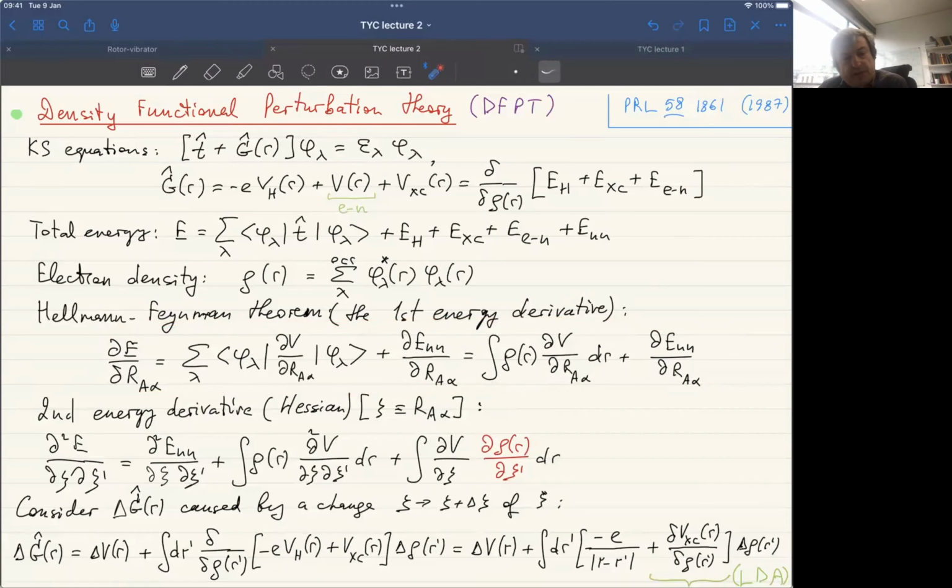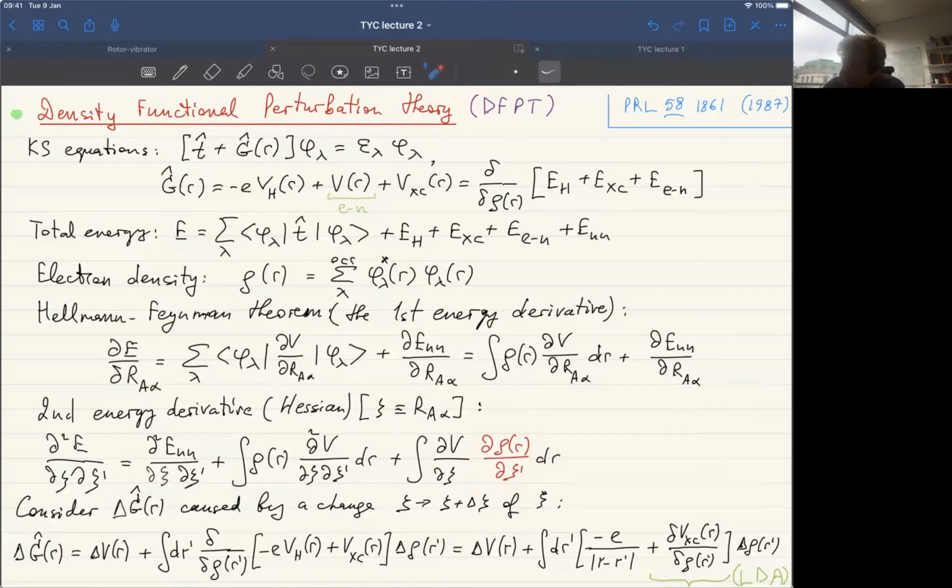And this is the essence of the Hellmann-Feynman theorem. When calculating the second order derivatives of the energy with respect to atomic position, this doesn't happen. So you need to have access to the change of the electronic density due to shift of atoms from their equilibrium positions. So we need to work out how to calculate these derivatives.